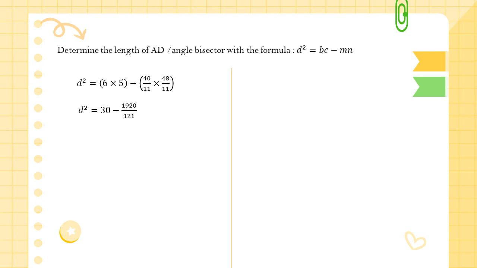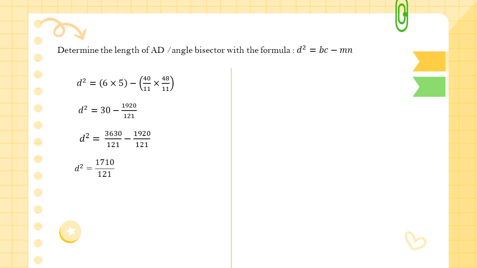We equate the denominator to 121, so D squared equals 3630 divided by 121 minus 1920 divided by 121. D squared equals 1710 divided by 121.